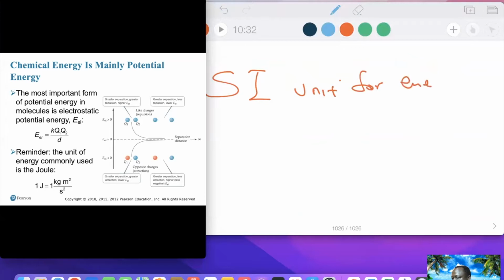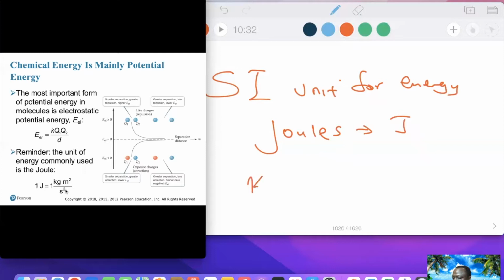energy. All right, energy is joules, which is simply abbreviated J. And this unit here, this is from the kinetic energy.